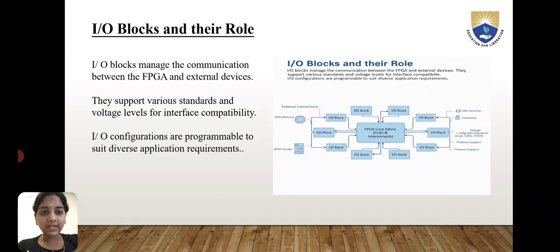IO blocks and their role. IO blocks manage the communication between the FPGA and external devices. They support various standards and voltage levels for interface compatibility. IO configurations are programmable to suit diverse application requirements.